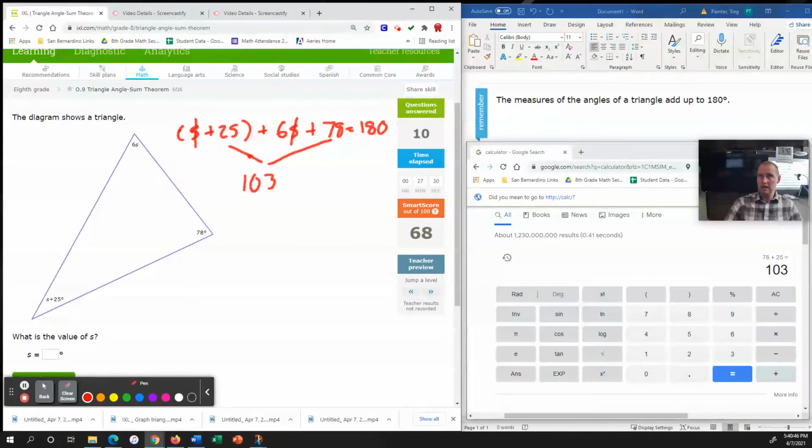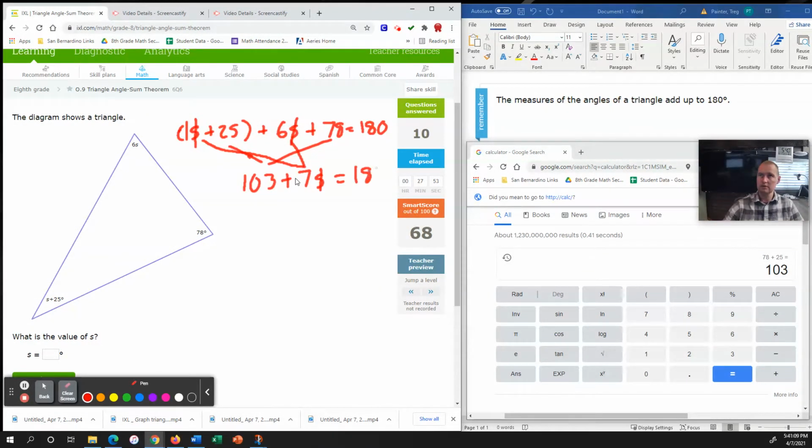Now, an S by itself is also considered 1S. So 1S combined with 6S is going to give us plus 7S. Again, I'm going to keep up with the dollar sign so I know that's an S because otherwise I'll get it mixed up with the 5. I don't want to mistake it as 75.